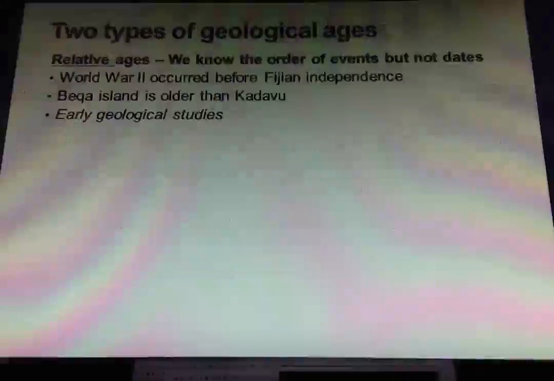So we have two types of ages in geology. The first of these are relative ages. We know the order of events, but not the dates on which they occurred.